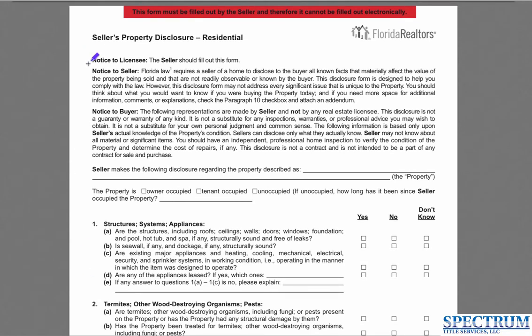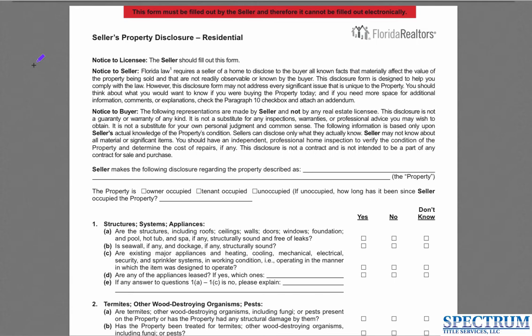Okay? Florida law requires the seller of a home to disclose to the buyer all known facts that materially affect the value of the property being sold and that are not readily observable or known by the buyer. And when you ask what does material effect mean, we'll go over that in a couple more sentences.